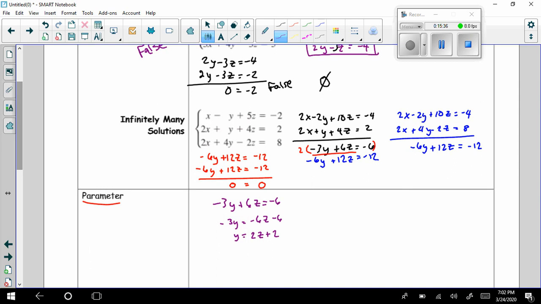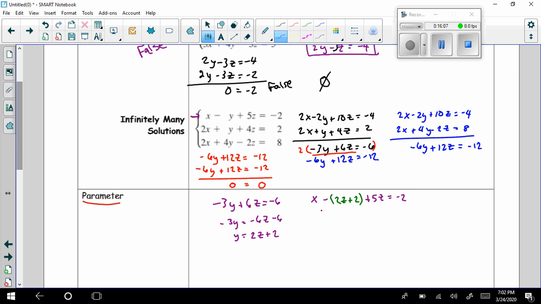And let's go back up to our first equation. And now let's get x in terms of z as well. So x minus y, and y happens to be this, so minus (2z plus 2) plus 5z equals negative 2. And it wouldn't have mattered which one I chose. I chose the first one, but again, it doesn't matter.